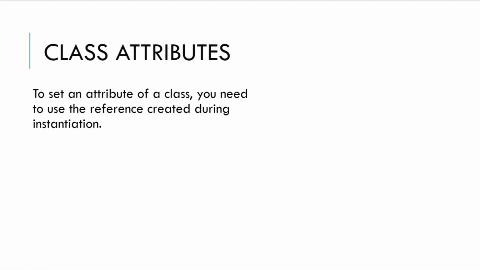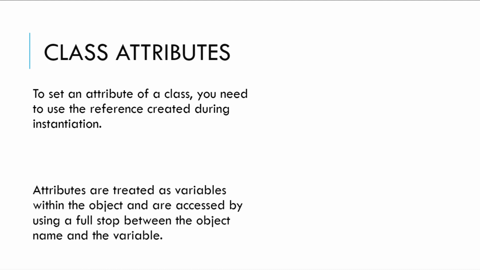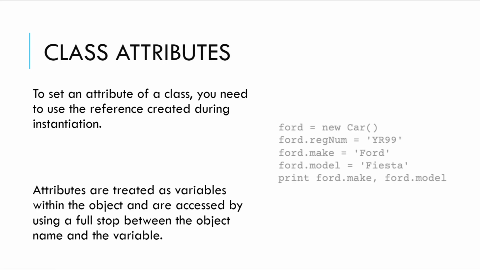Now, to set an attribute of a class, you need to use the reference created during instantiation. And attributes are treated as variables within the object and are accessed by using a full stop between the object name and the variable. So consider this piece of pseudocode.